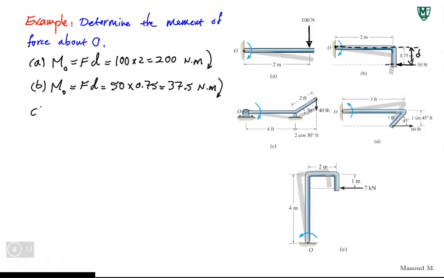Let's look at case C. So MO, moment about point O, would be force multiplied by the perpendicular distance. So force, I have 40 pounds in this case. It's not SI unit. So it's 40 pounds times what is the distance, perpendicular distance, between that force and point O?